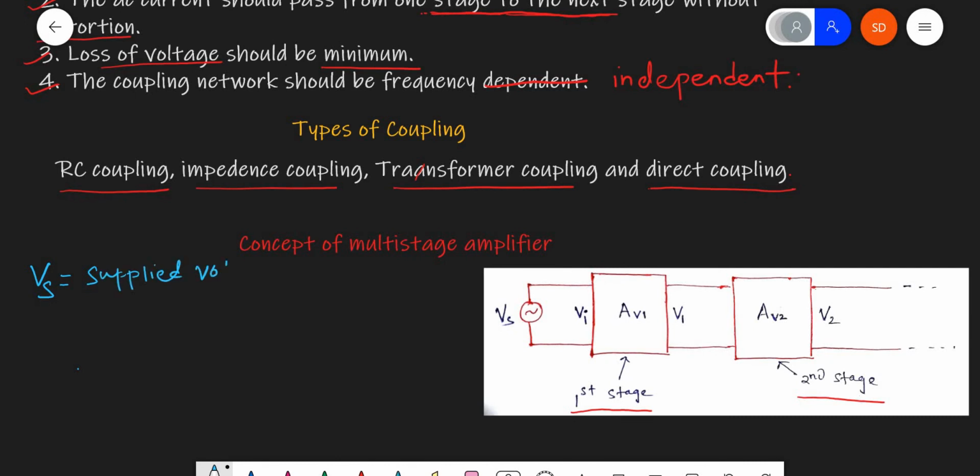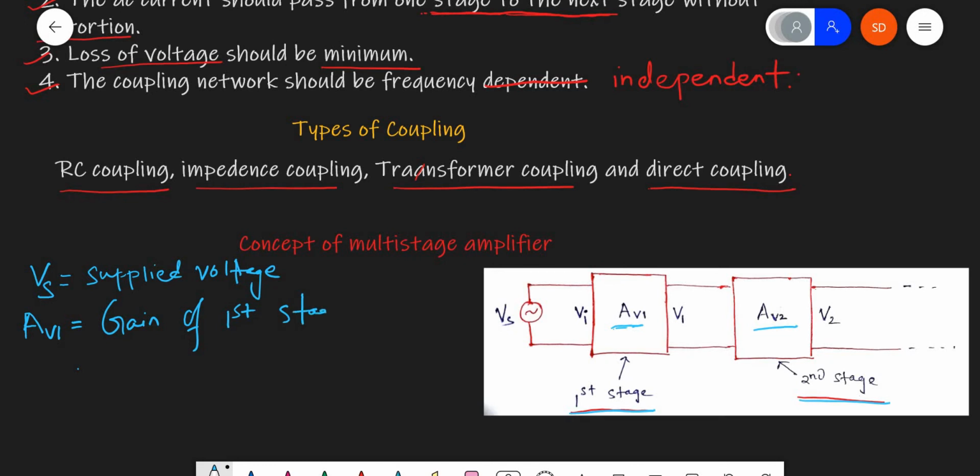I have shown only two stages. Let AV1 be the gain of the first stage and AV2 the gain of the next stage.